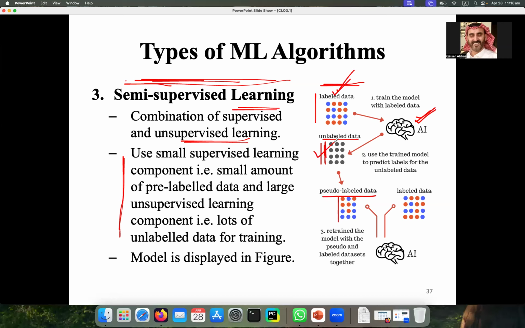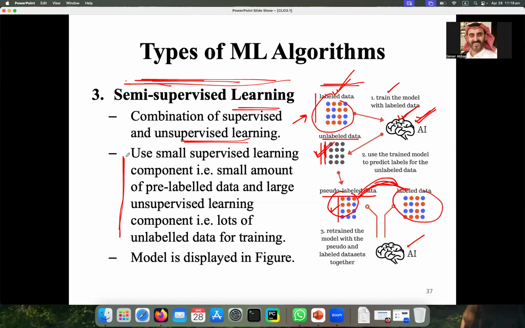Previously you had this labeled data, and from here you are getting this data, so now you merge them again, making a data set like that, and then you train your model again like in the previous step one.